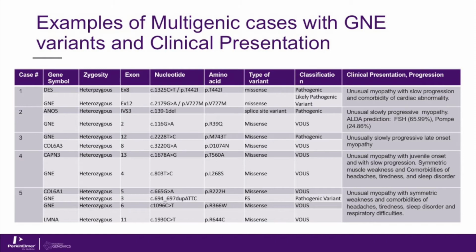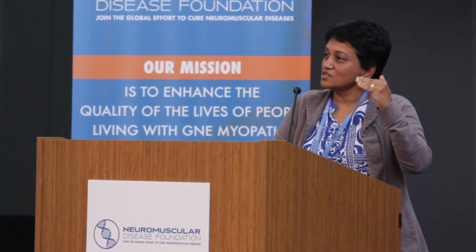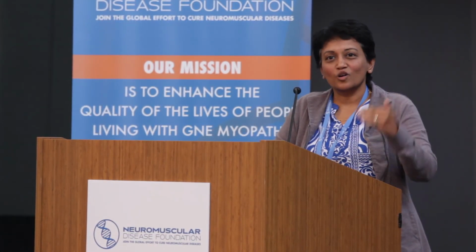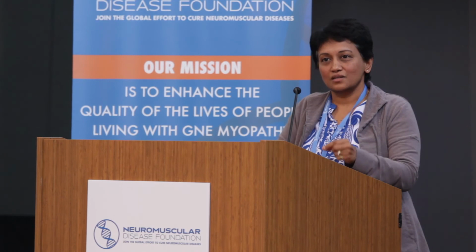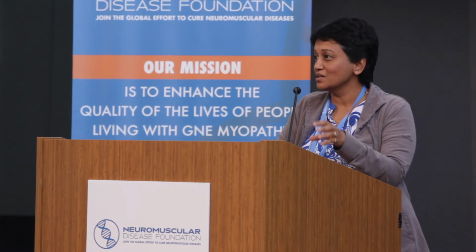We have everything from unusual myopathy, slow progression, some had cardiac issues, which may not be associated with any of these genes. It could be something completely different. Weakness, and this is spread so widely across all the patients we tested that it really got us thinking that doing single gene testing, identifying the 2 mutations, and then jumping into clinical trials may not be the right approach.